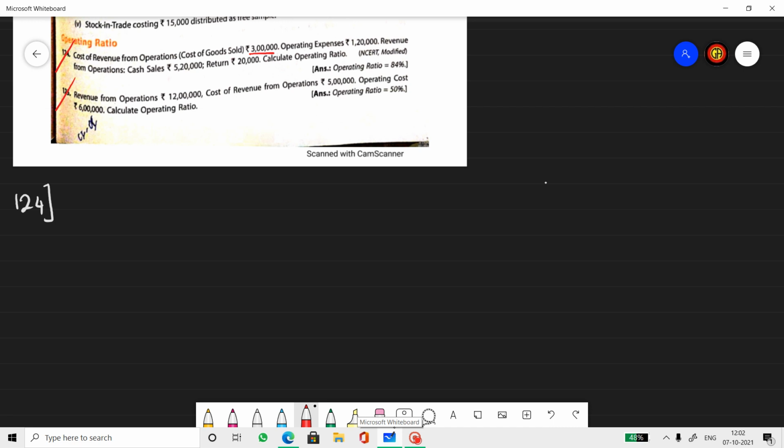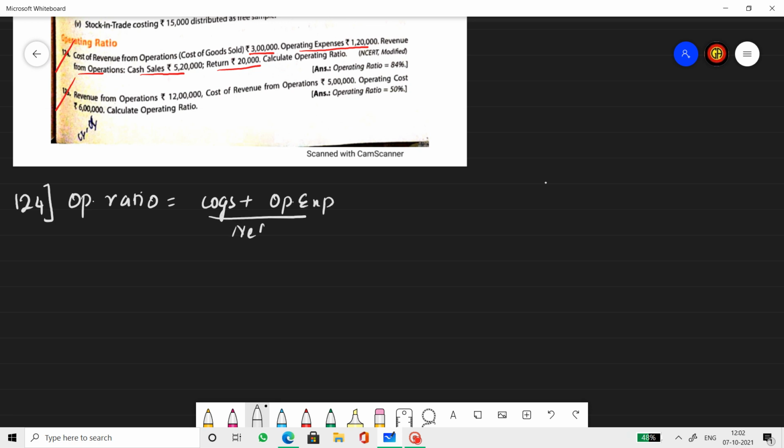Revenue from operation, cash sales and sales return is given. Calculate the operating ratio. Now what is operating ratio? Operating ratio equals cost of goods sold plus operating expenses by net sales into 100.